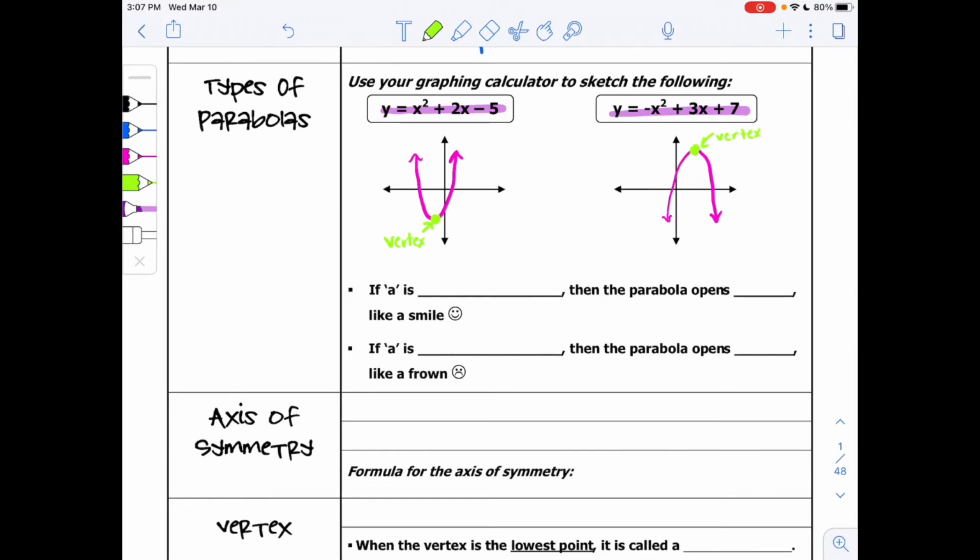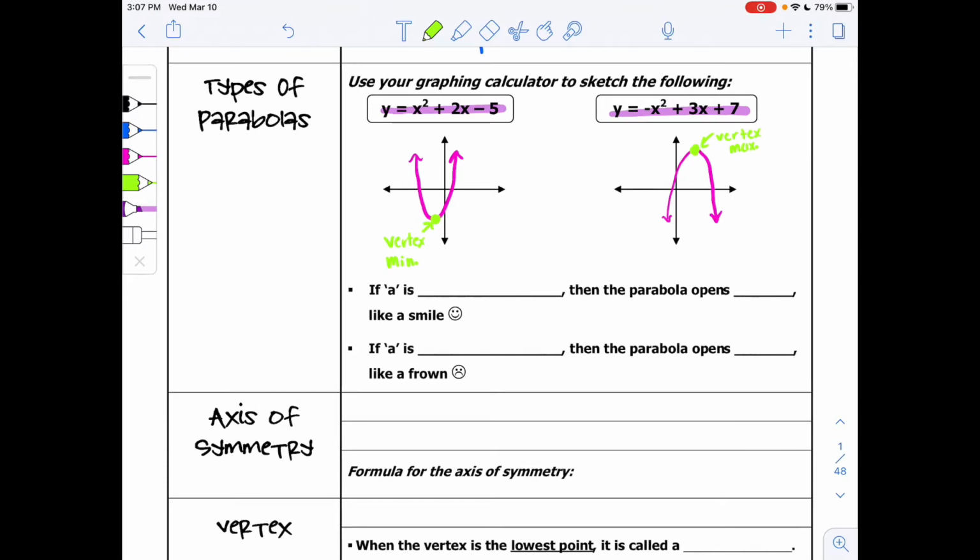If your vertex is down at the bottom, this is going to be your minimum, and if it's at the top, it's your max. At the very beginning of the lesson, I talked about how parabolas are used to model situations that move in one direction, stop, and then move in the other direction. Your vertex is going to be that point where it changes directions.